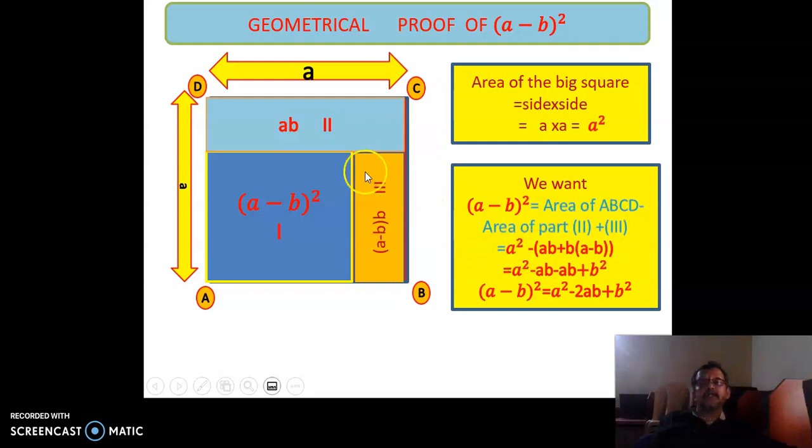So a squared minus ab plus b into (a minus b). Multiplying, minus ab, plus, minus into minus plus b squared. So a squared minus 2ab plus b squared. Therefore (a minus b) whole squared equals a squared minus 2ab plus b squared. So this is the beautiful algebraic proof through the geometrical proof for (a minus b) whole squared.